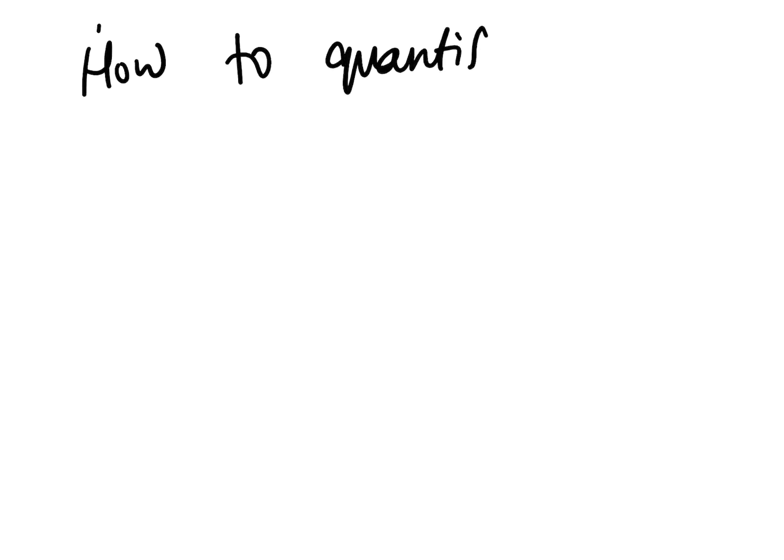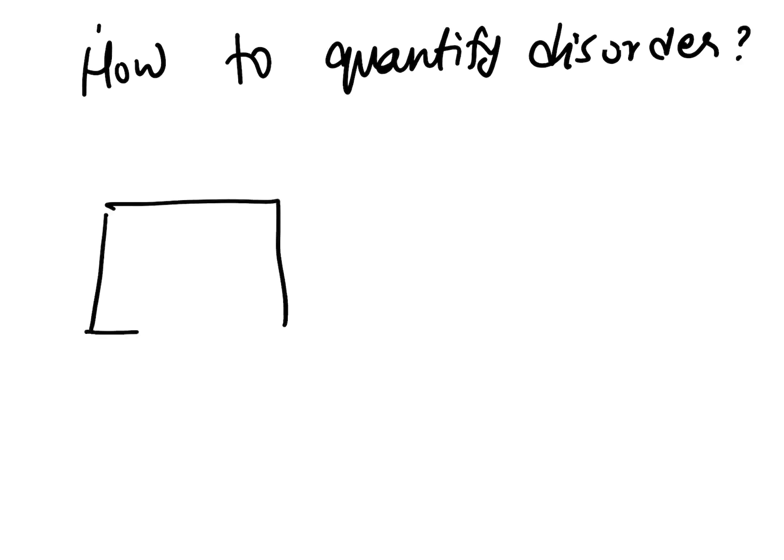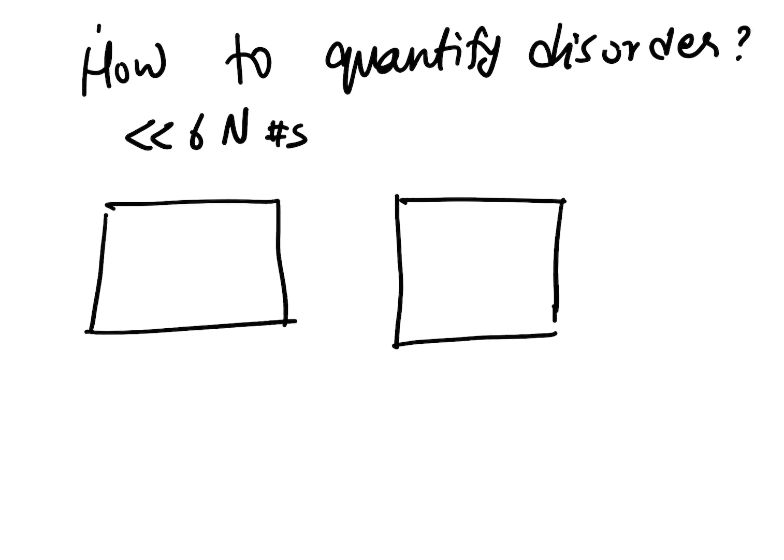So how do you quantify this disorder? Now I told you my example about the solid state requiring much less than 6n numbers to describe it completely. A liquid state will require something that's less than 6n, but it's still not as little as the solid state.